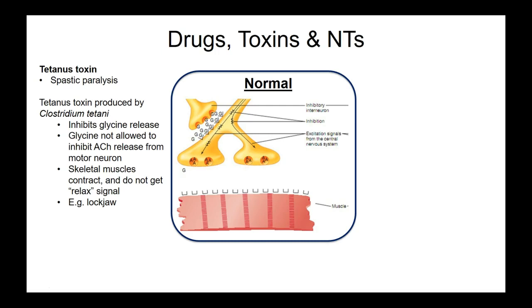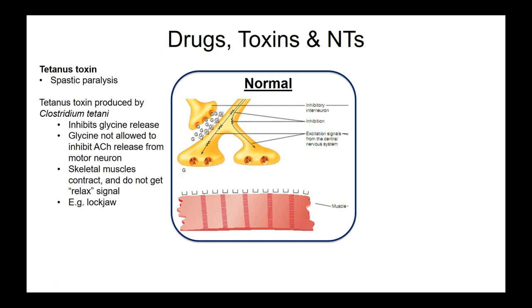Okay. So here, this inhibitory neurotransmitter is something called glycine. This is a main inhibitory neurotransmitter in the spinal cord. And so this is going to be making sure we don't get too much acetylcholine released.